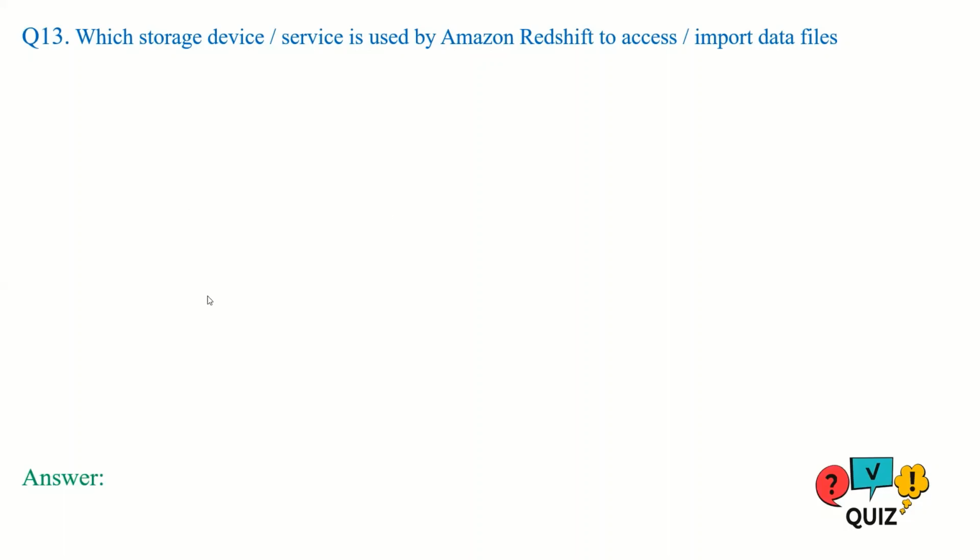It uses S3 storage. It's S3, yes, sir. Correct. All the data will be uploaded into S3 storage, and Amazon Redshift will access S3 storage to import the data and later crunch that data.